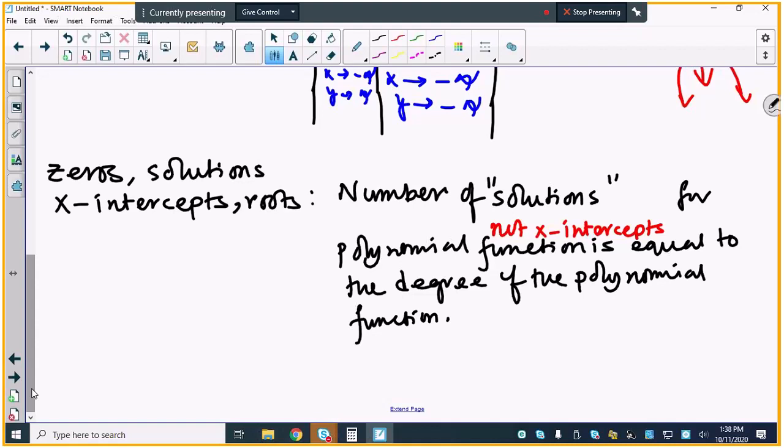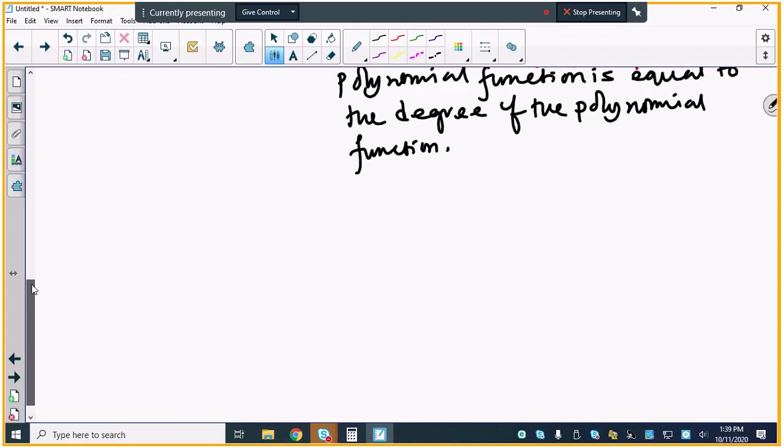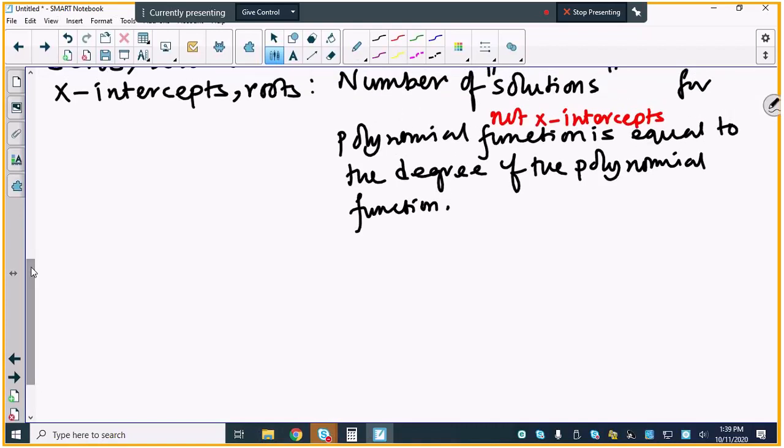All right? Now, there are a couple more things that are associated with the graph of the polynomial function as well as with the concept of the degree of the polynomial function and hence the number of solutions. So we'll say the number of points where the polynomial function is changing its nature from increasing to decreasing or decreasing to increasing.